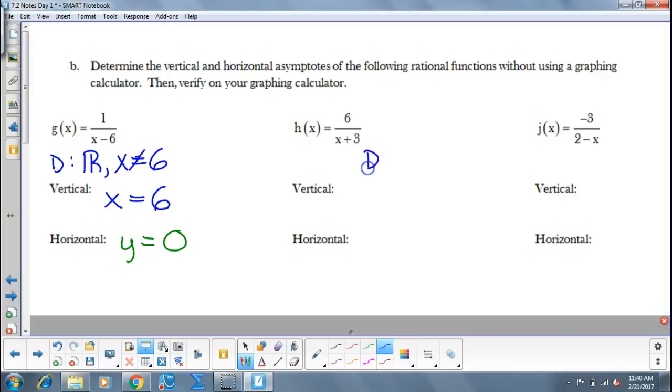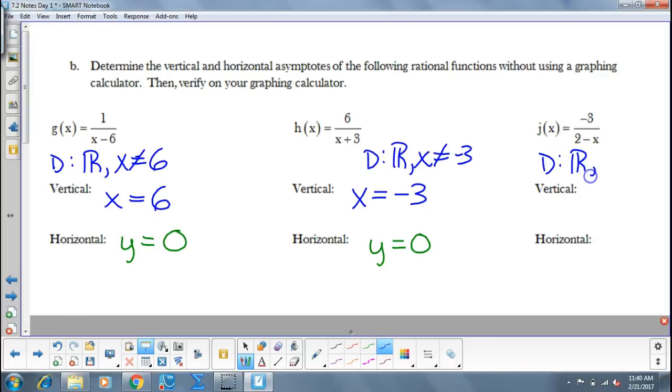Domain: all real numbers, X cannot be -3. So that means my vertical asymptote is X equals -3. Horizontal asymptote: Y equals 0. Domain over here: all real numbers, x cannot equal 2.